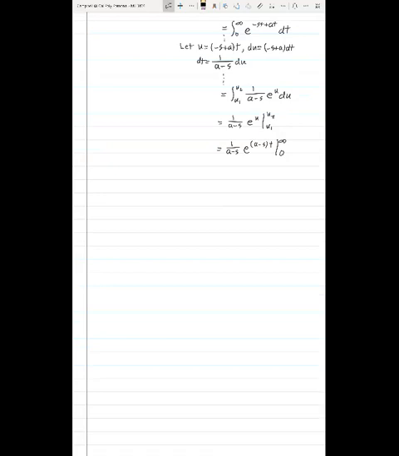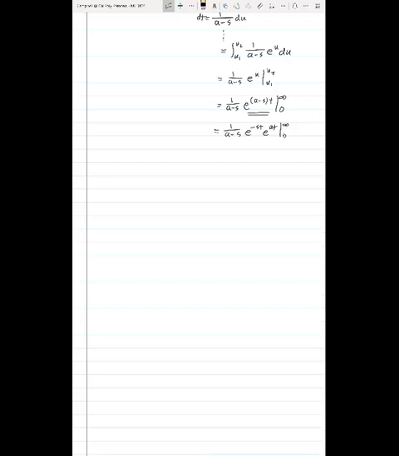Now, let's go ahead and use that property of the exponential function where I can represent this as two different exponential functions, 1 over a minus s, e to the negative st, e to the at, evaluated at 0 and infinity. I've already integrated it. And again, capturing that 1 over a minus s.